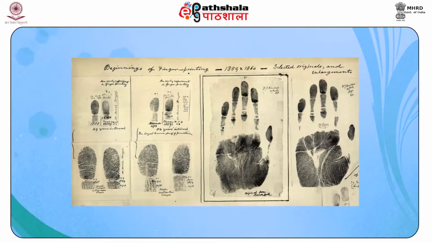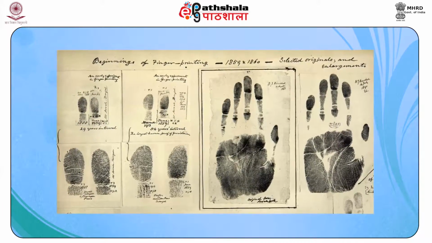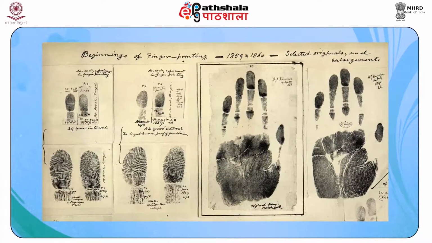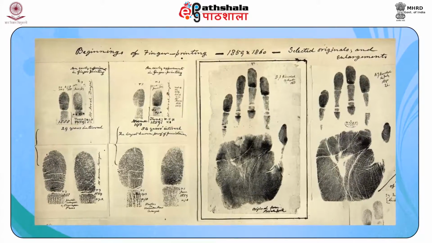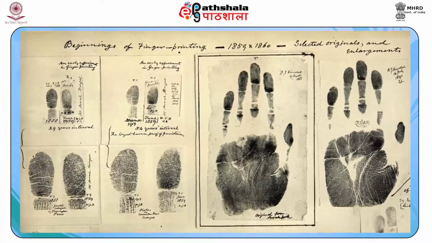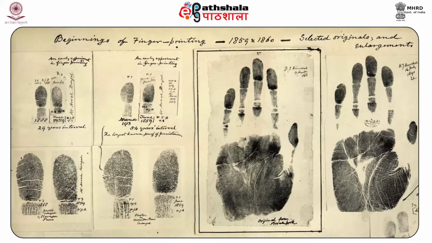These scientists' work detailed the uniqueness of human fingerprints and their potential use in the identification of people, leading to the codification and standardization of accepted practices within forensic science.